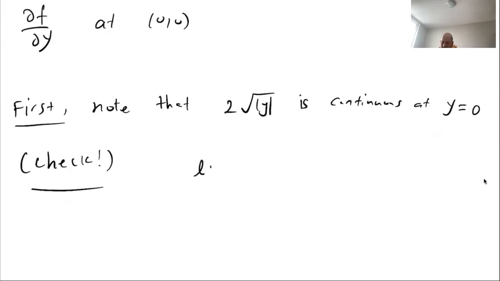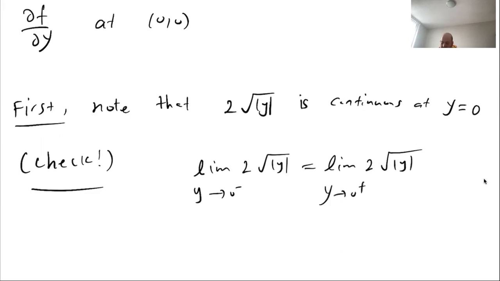So basically you can check that the limit of 2 root absolute value y as y goes to 0 minus is the same as the limit of 2 root absolute value y as y goes to 0 plus, and this is the same as 2 root absolute value 0, which is 0. So if you check that the left limit, right limit, and the value of the function at the point are all equal to each other, that means the function is continuous.